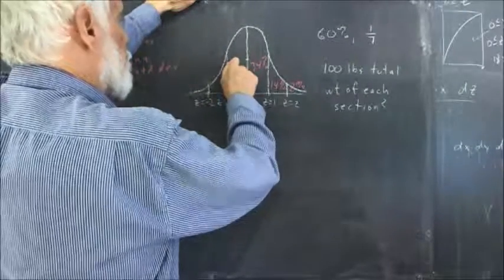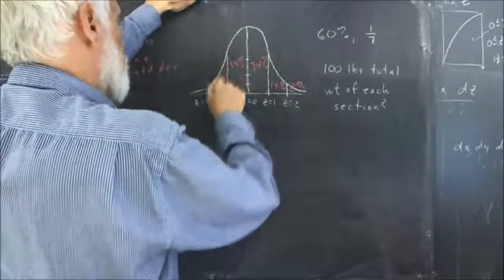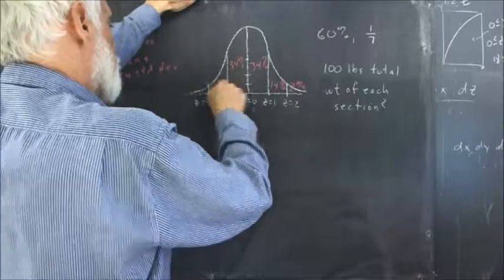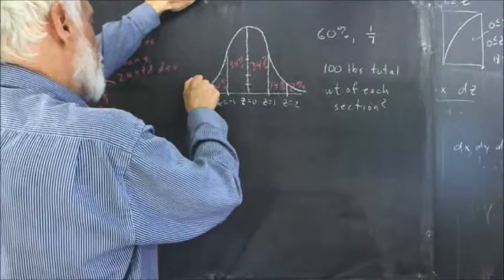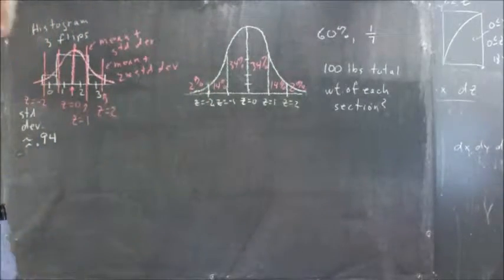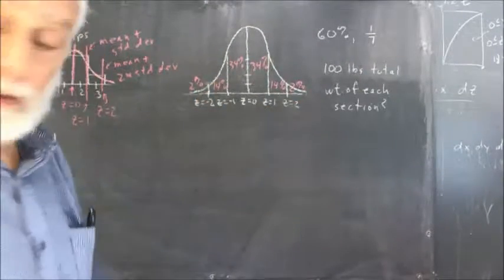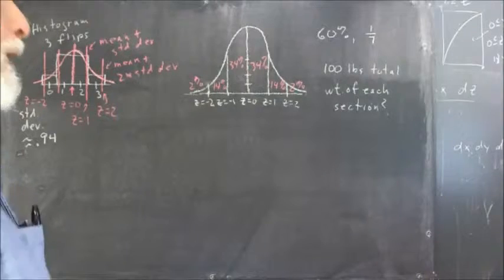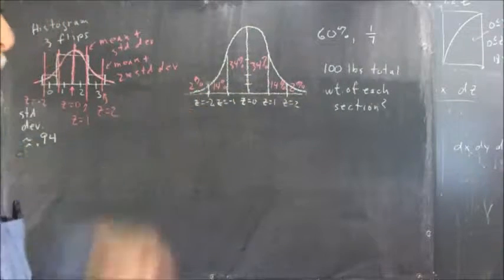And the curve is symmetric, so it's 34% here, 14% here, 2% over here. Those aren't exact percents, those are approximations, but rounded to the nearest percent, that's what we have.